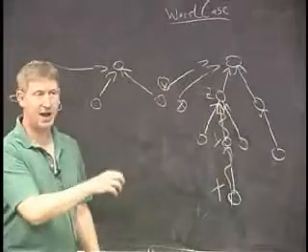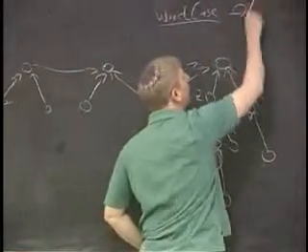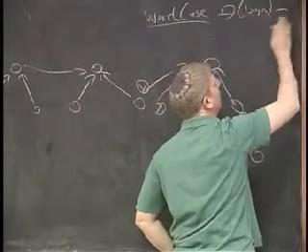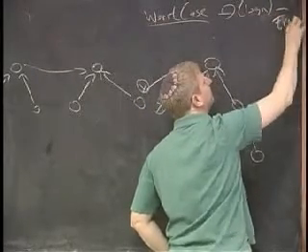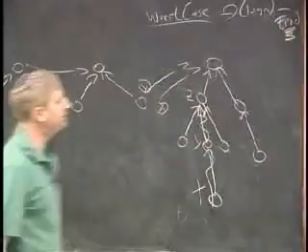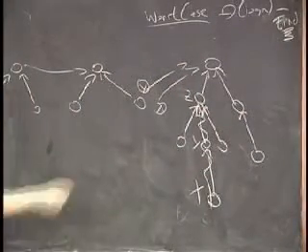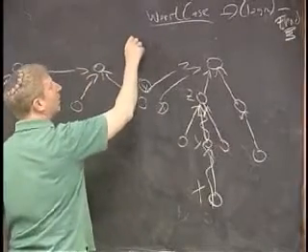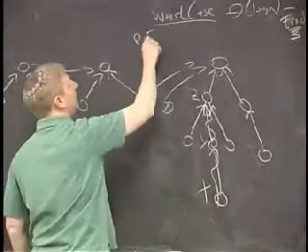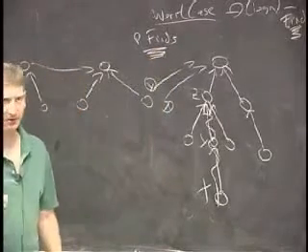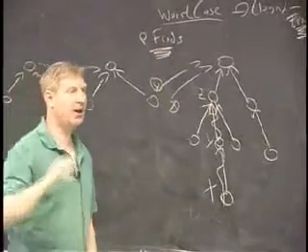So the worst case with path compression is still order log n for a find. That's the worst case. But the worst case for p finds, if you're going to do a lot of finds, is not p log n. It's a lot better.